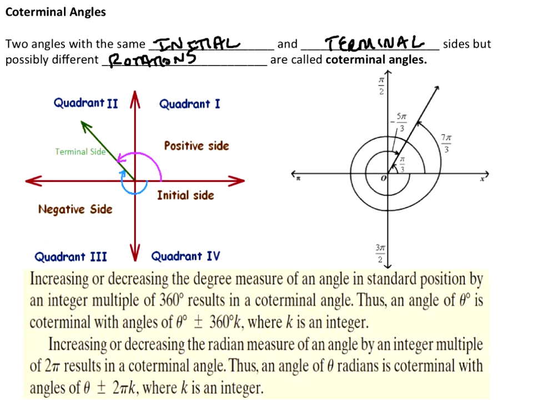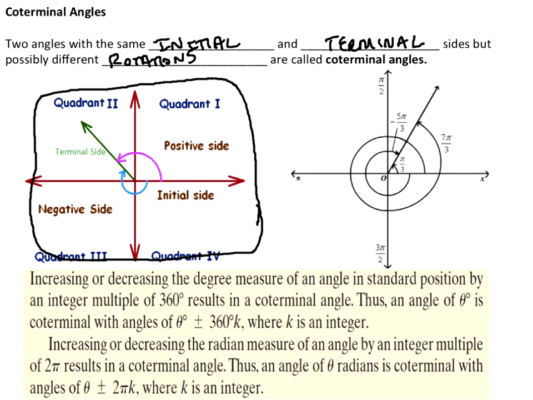So here's what this, I think this first picture, especially being in color, does an excellent job of showing what coterminal angles are. So I'll just label it here for you. If this is angle alpha there in pink, then angle alpha is coterminal with angle beta there in blue, because they have the same initial side.